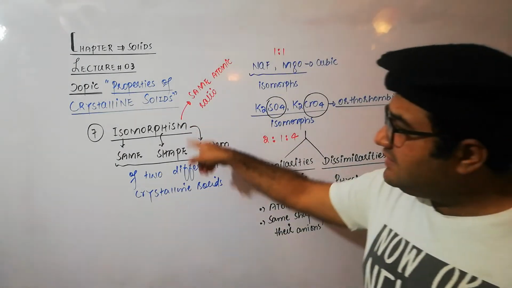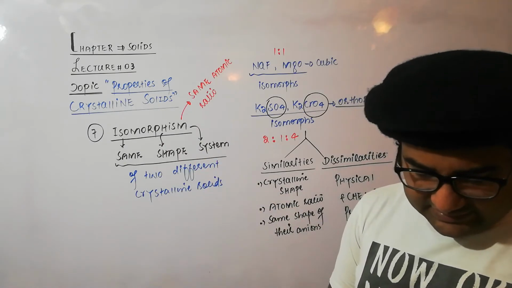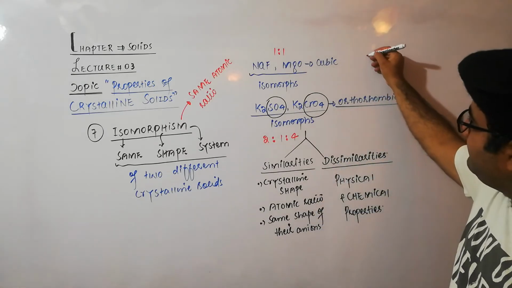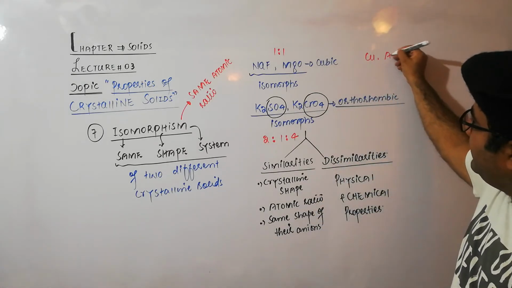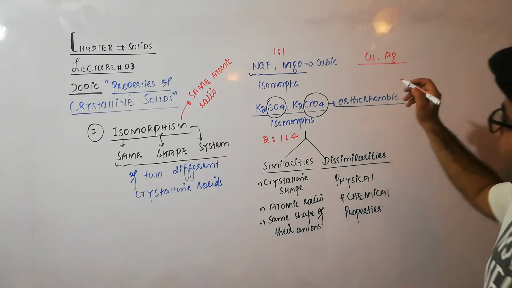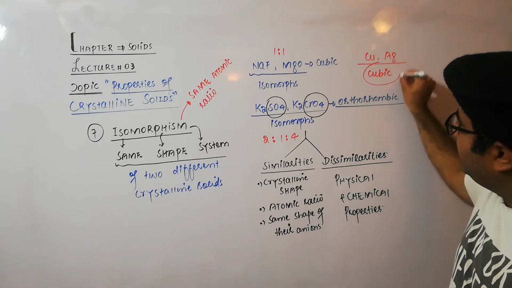Now isomorphism is not a concept which is just related to compounds, but elements also show isomorphism. For example, gold and silver, both are coinage metals, and they both have cubic crystals.